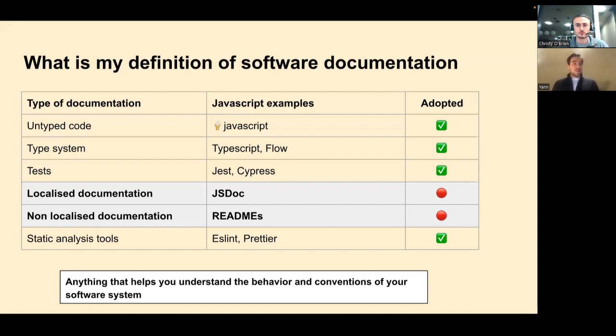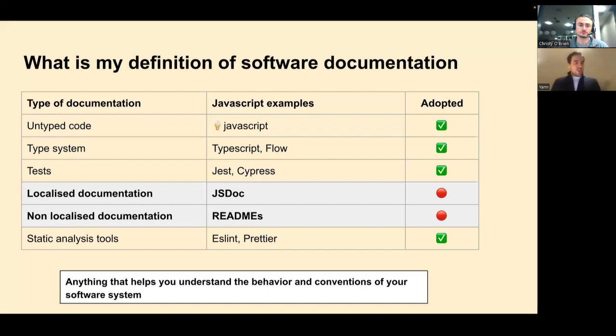Then the third type of documentation, which is also great, is tests. Unit tests, integration tests, in JavaScript land, Jest, Cypress. It's a way to describe the intent of your software without writing the implementation. And when you run the test, that documentation is always up to date.